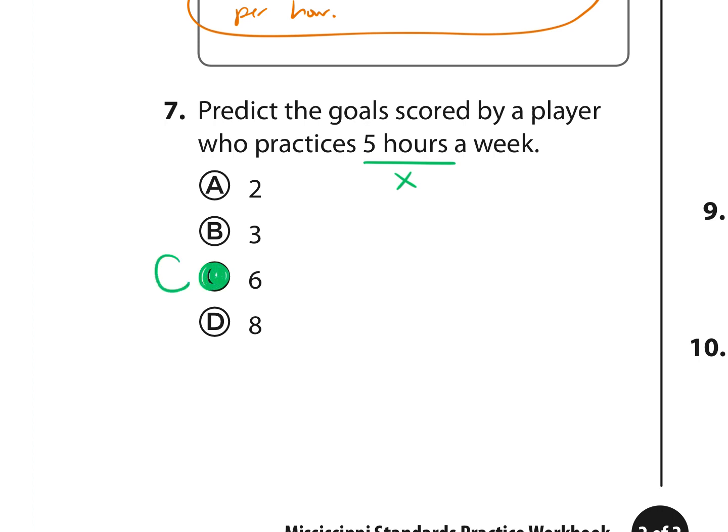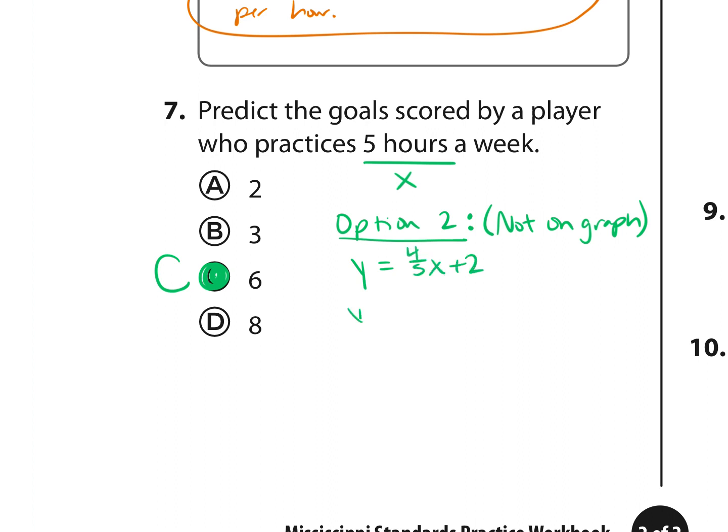Option 2 is especially if the point does not fall on the graph. This is where it is not on graph. I can take my equation, y equals 4/5 x plus 2, plug in x, which is 5, and simplify, and I get 6 that way as well.